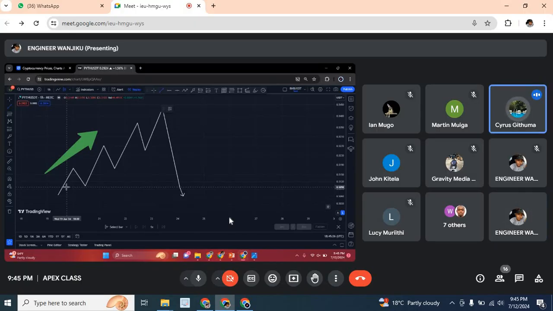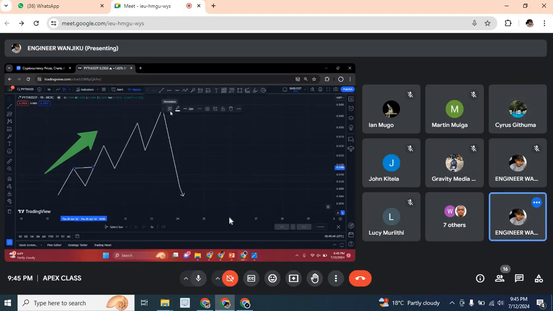At the peak of the first uptrend. Right here? Or right here? No, there. This is what we call now? Break of structure. Yes, break of structure. Okay, so the next one will be at this zone right here, correct?